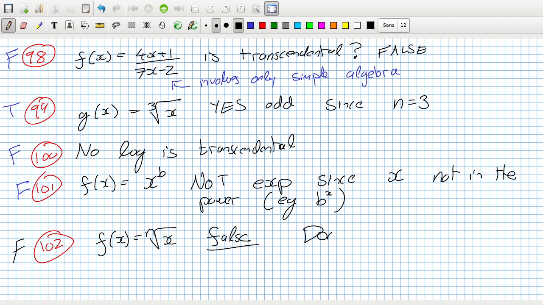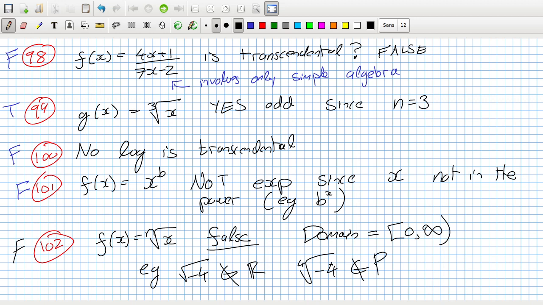The domain can only be the positives, including 0. Because, for example, you can't get the root of -4, it's not real. Or you can't get the fourth root of -8, or whatever. So that's false.